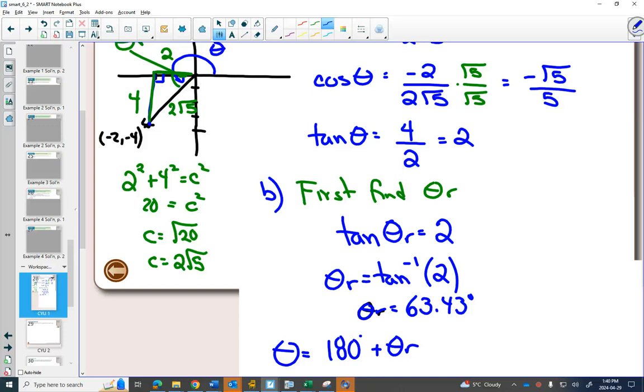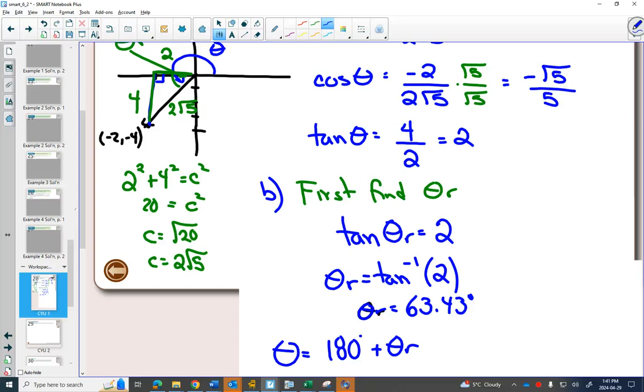It should make sense to you that if I want to find this big angle theta, I would have to go 180 to get halfway around, and then I have to add my reference angle to get the answer. You're going to find if you try to memorize the formulas for every quadrant, you're going to mix them up. If you just think about drawing the picture, it's going to make sense, and you'll never have to memorize it. You'll just be able to say, oh, quadrant 3 makes sense that I would go 180 and add my reference angle.